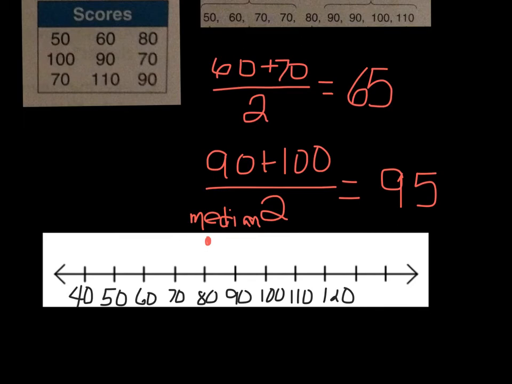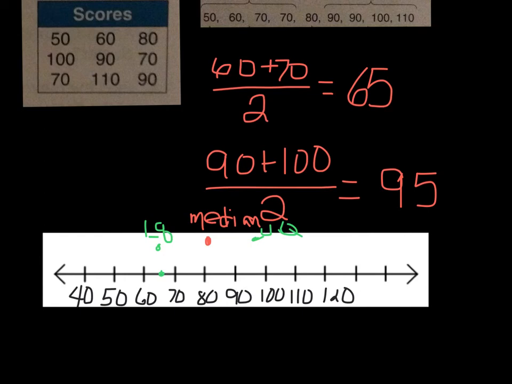Those will come next, our lower and our upper quartiles. So for our lower quartile, we have 65. So that's going to be right here. I'll put it up here. So our lower quartile, I'm just going to put an LQ for that. And then over here, we have our upper quartile, which we got to be 95. So that'll be up here. And I'm going to put upper quartile, just a U and a Q.